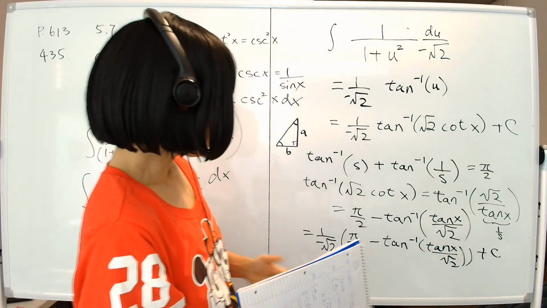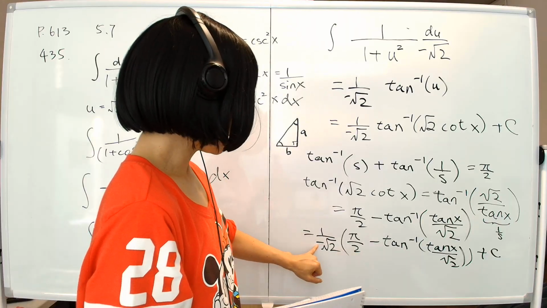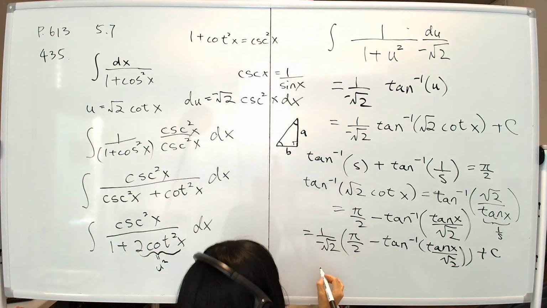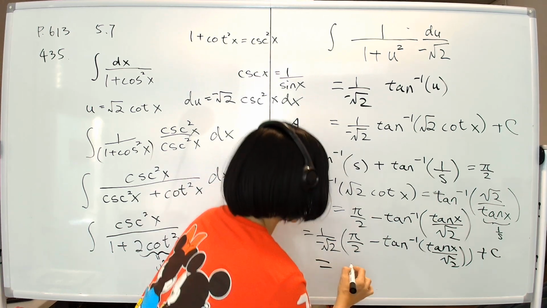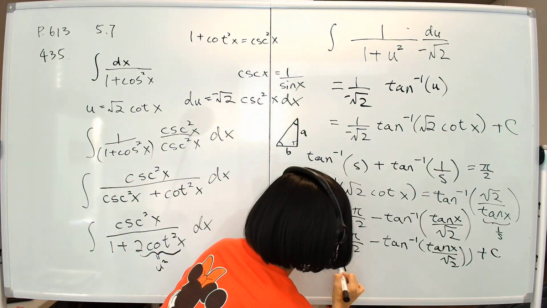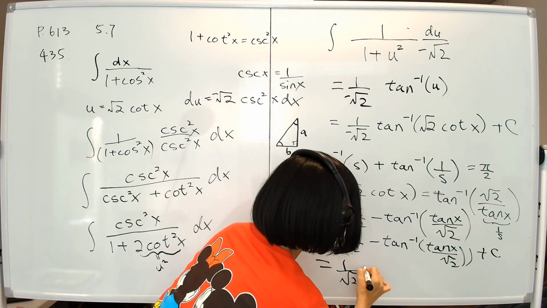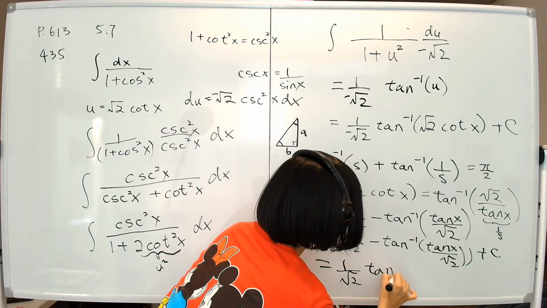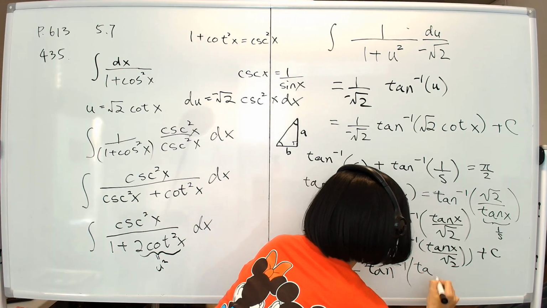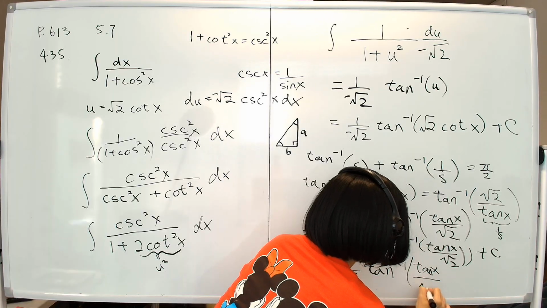Now one more step is that you notice that this is just a number, and then there's a negative sign and a negative sign here. So the final answer is 1 over square root of 2 tangent inverse of tangent x over square root of 2.